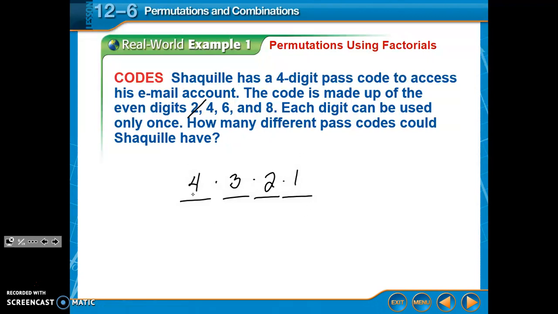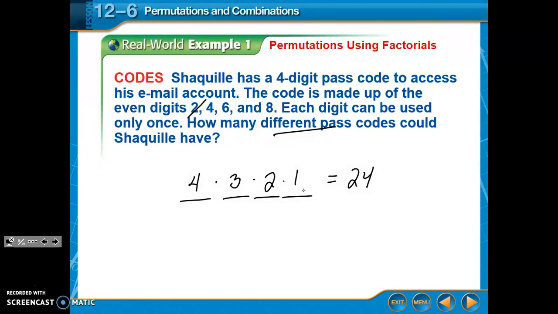So when I multiply these together, that's going to give me the total number of passcodes you can make out of 2, 4, 6, and 8. So 4 times 3 is 12, times 2 is 24, times 1 is still 24. So there's 24 different passcodes that Shaquille can have.